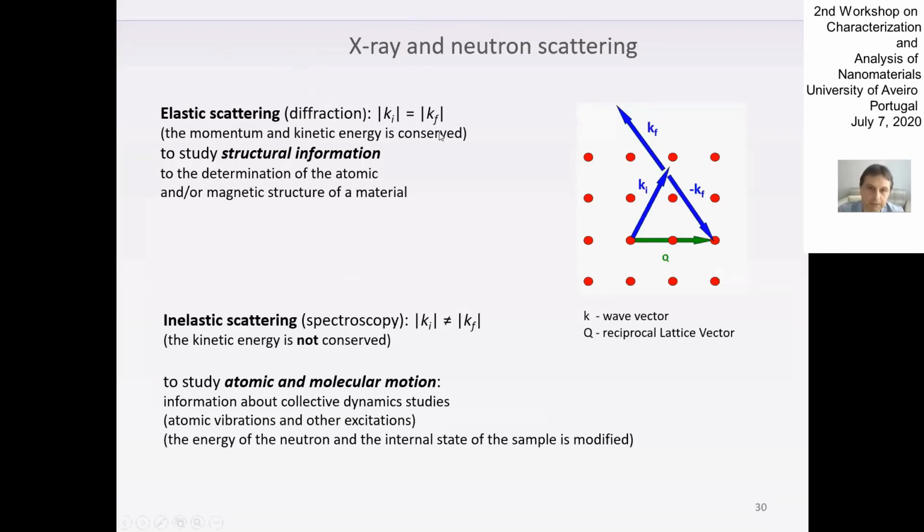The K vector incident and the K vector scattered have the same modulus. In the case of inelastic scattering, the kinetic energy is not conserved, so it's not the case for diffraction. This is just the image.